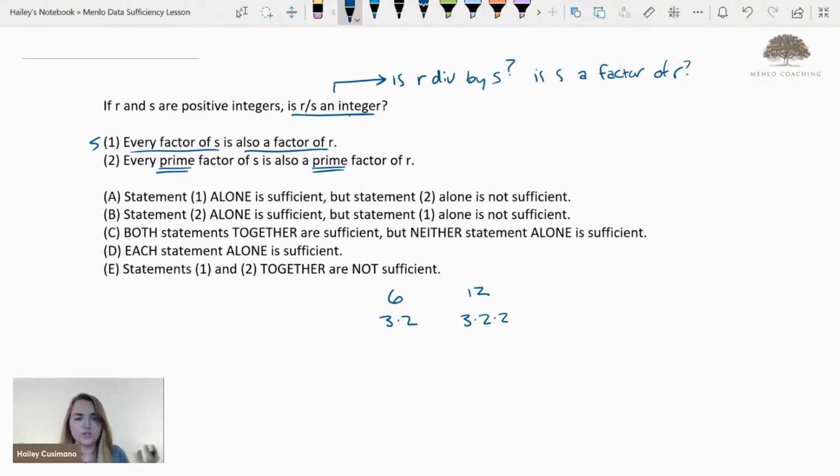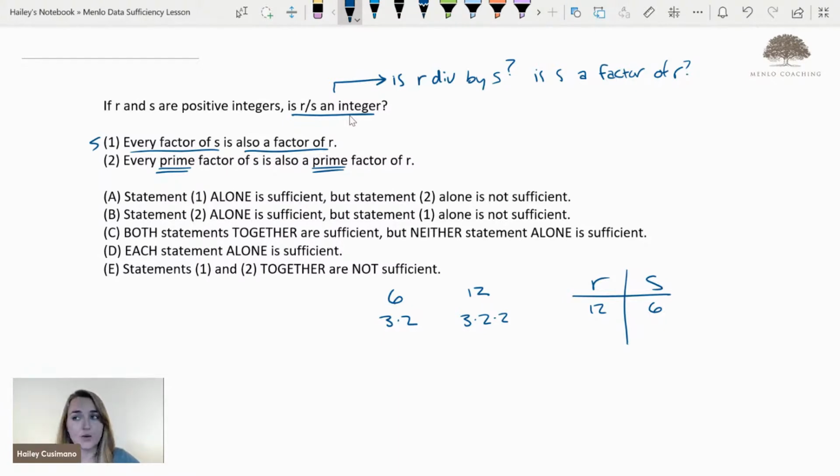It should be very easy to address a situation where R is in fact divisible by S. I could be in a situation where maybe R was equal to that 12 and S was 6. 12 divided by 6 is an integer, 6 is a factor of 12. Can I answer the question no? Given what I just mentioned about prime factors, of every prime factor of S is also a prime factor of R.